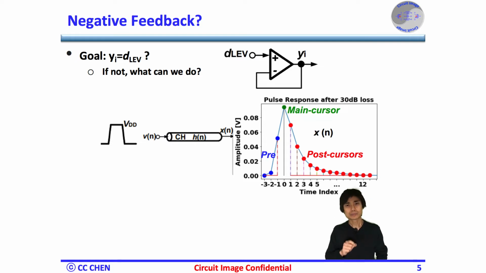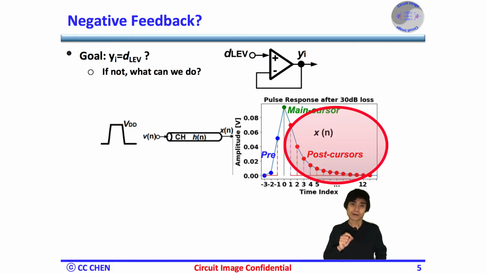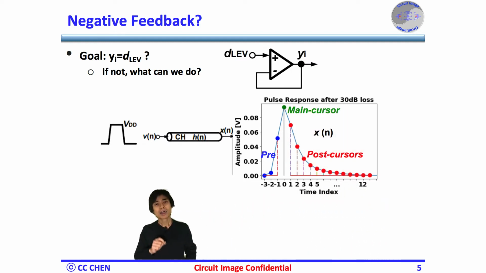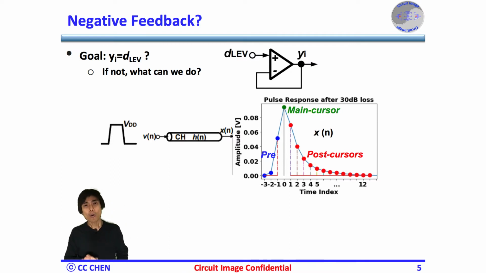So the residual precursor will break the equation, and the DFE cannot remove the residual precursor ISI with the H-i tap coefficients. In addition, there are some residual postcursors here as well, due to the finite taps, quantization error, the feedback timing constraint, etc. of the DFE, so it's not feasible to always get exactly the target level.